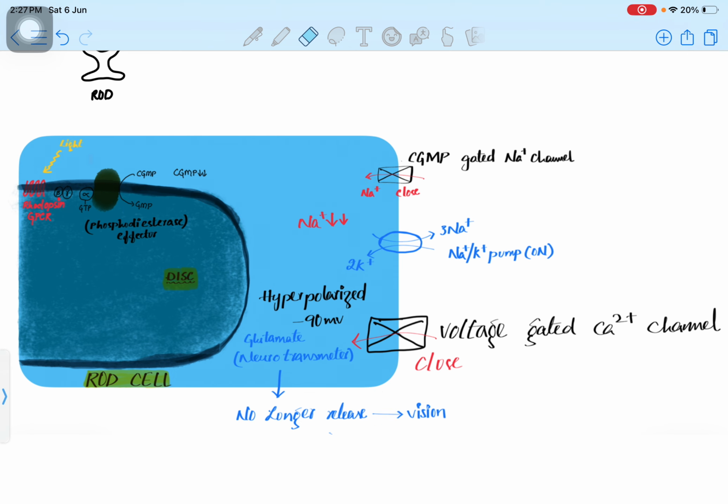This is what is happening. But if I want to stop the vision process, if I don't want to see anything, I keep you in a dark room.